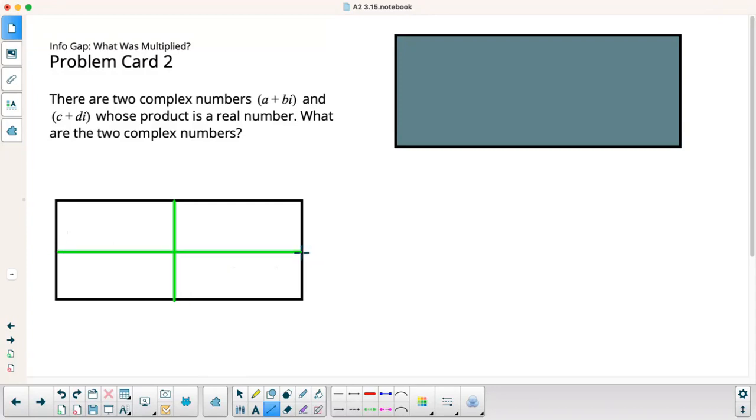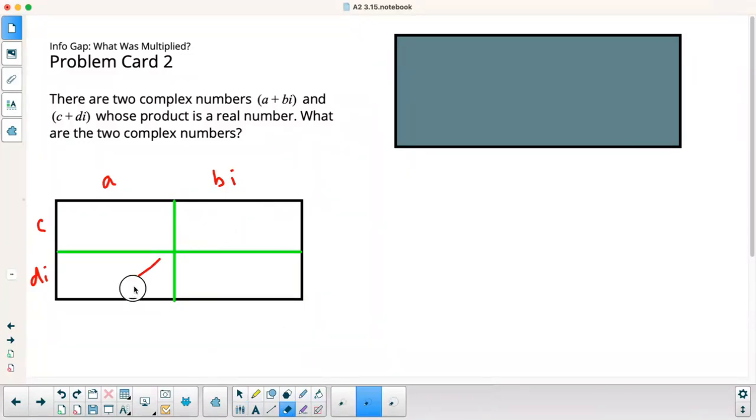So the product is a real number. So that would mean the imaginary parts are going to cancel. So I got a, bi, c, and di. So these cancel out right here. These sections are going to cancel out because it's a real number.